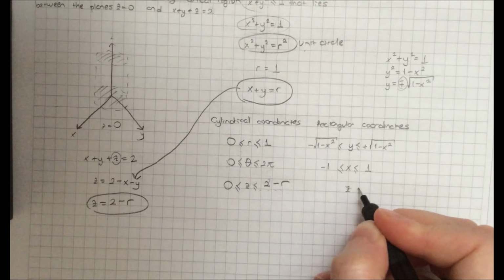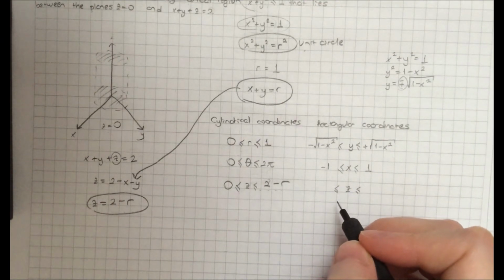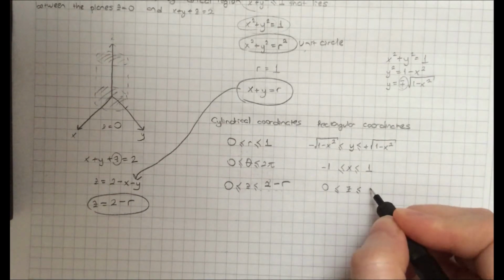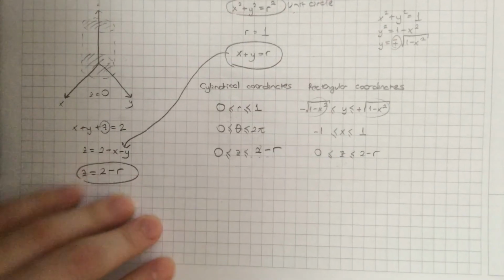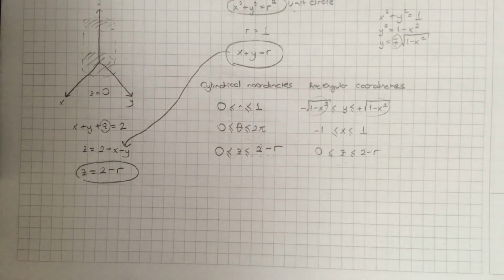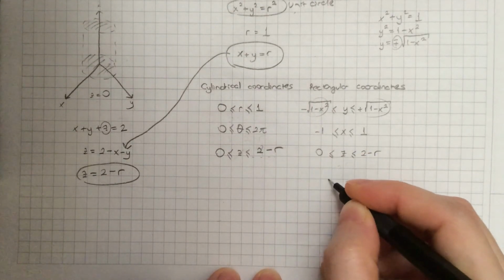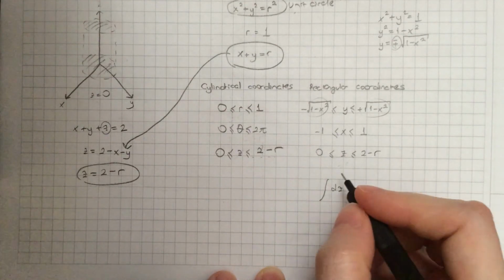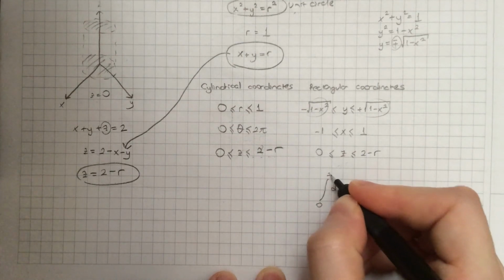And we said that z never changes, so it is 0 to 2 minus r. Another step is doing the integration. For rectangular coordinates, let's begin with the z. It is 0 to 2 minus r.